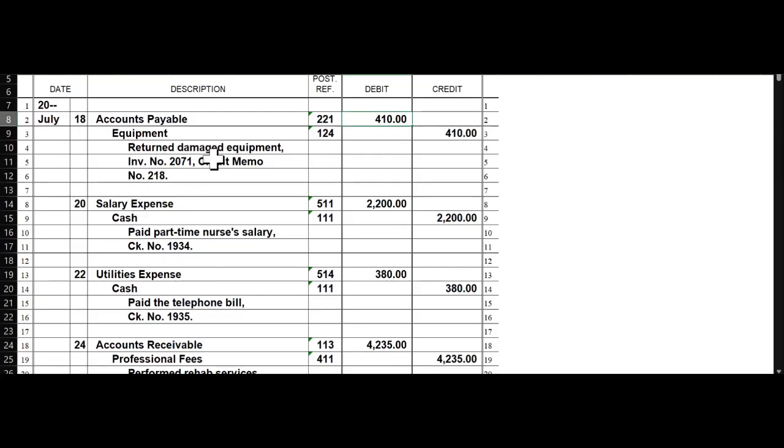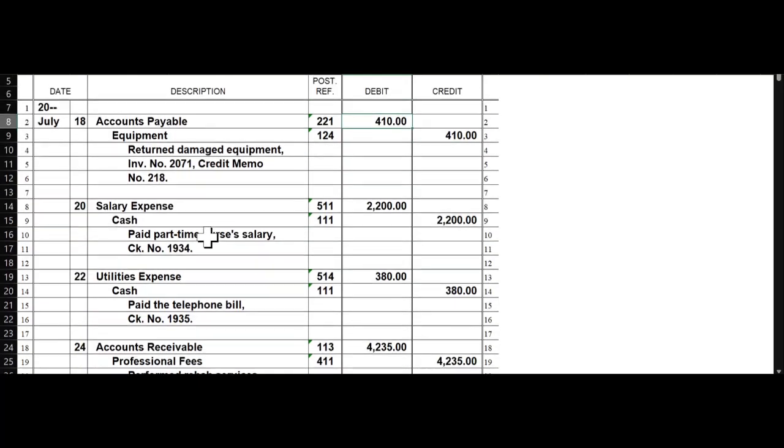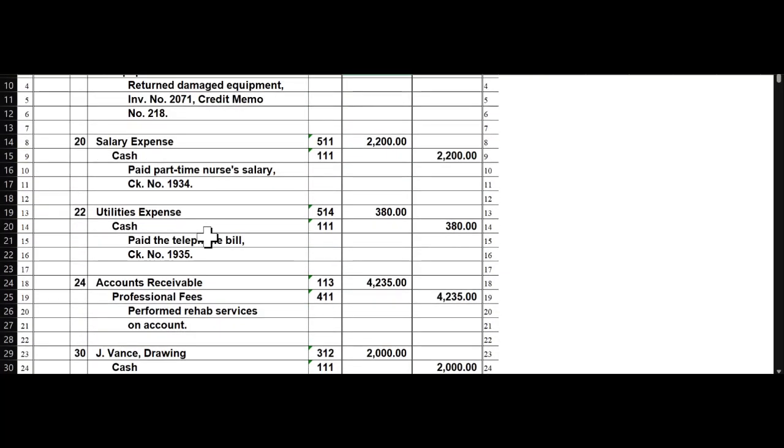And again, we have our narration which tells us what happened. We're returning damaged equipment, and this is the invoice number, and this is the credit memo that was issued to the business by the seller of that equipment.